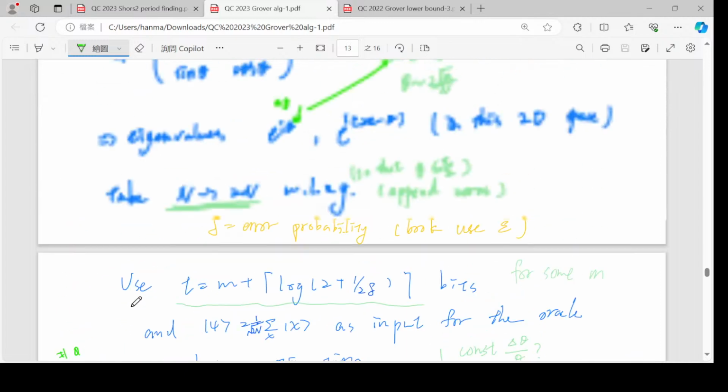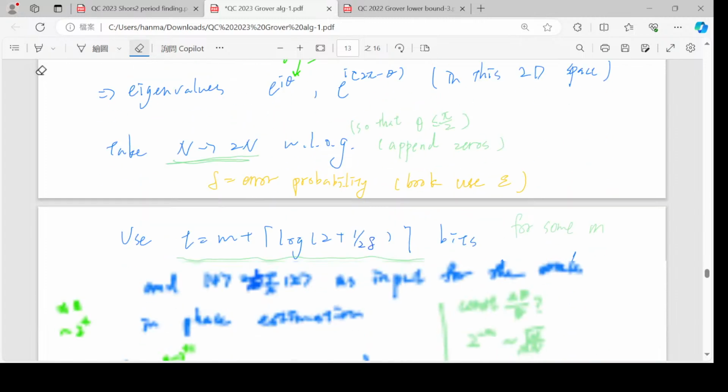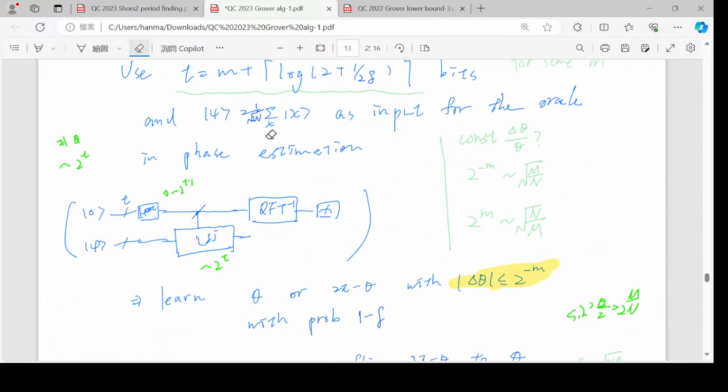So it will be a linear superposition of this eigenvector and that eigenvector. So we use the equal superposition of everything as our initial state.